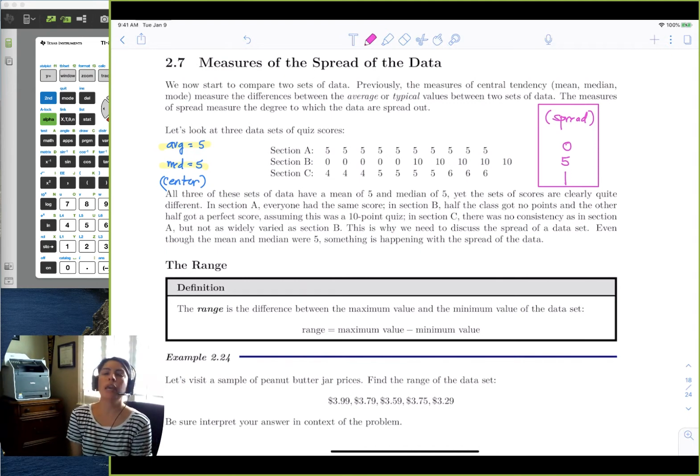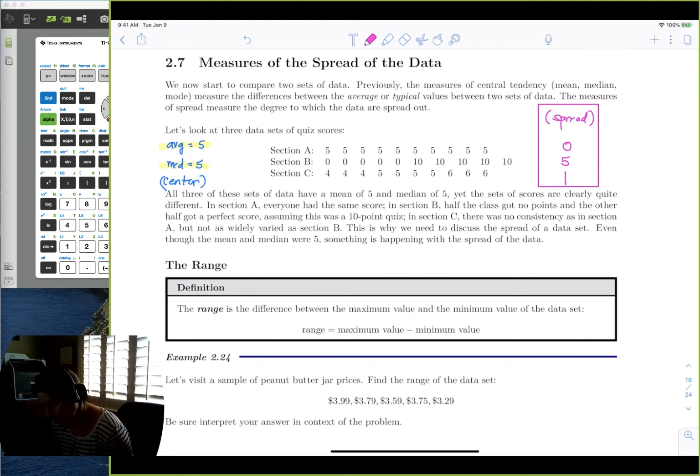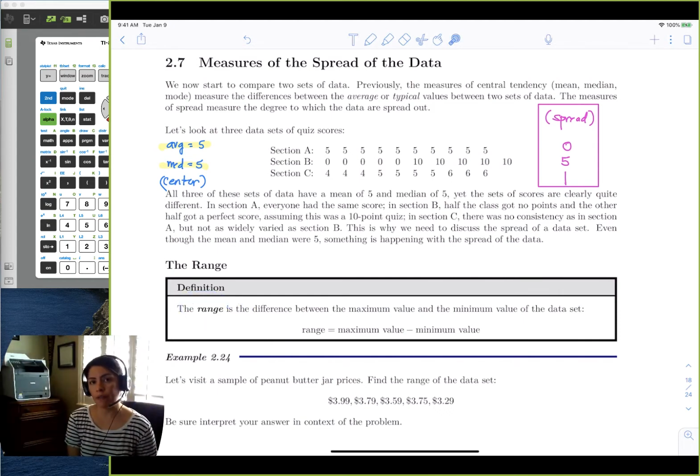So there are 3 ways we measure spread. We are going to do the average distance from the mean, which will be standard deviation, and the other one will be range. There is a third spread value that we're going to talk about when we talk about the standard deviation. The range is just giving how much our data spreads.